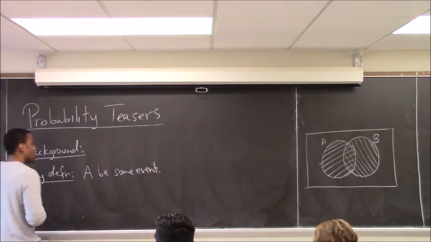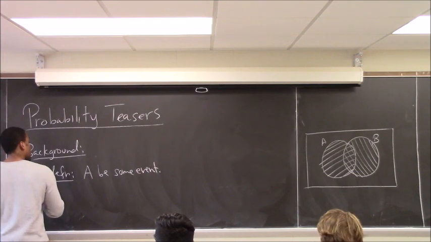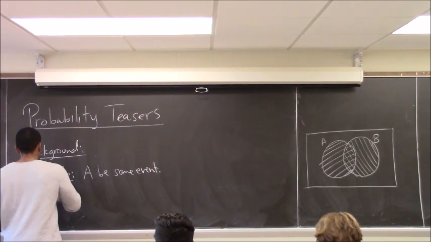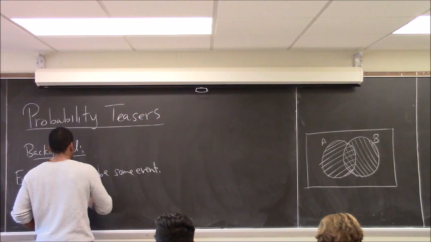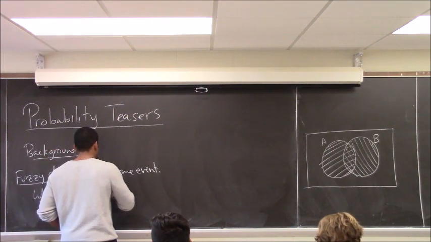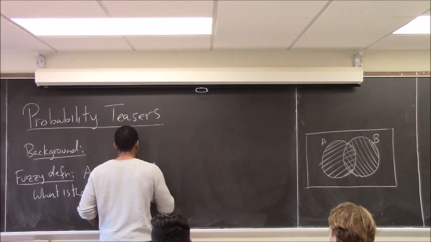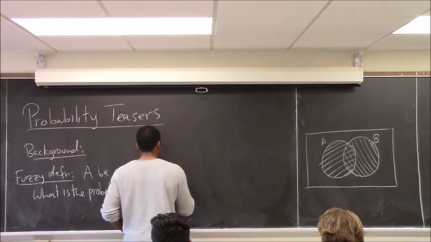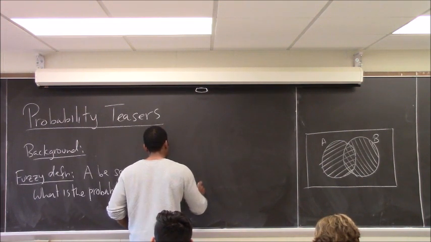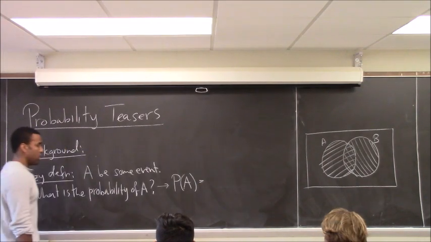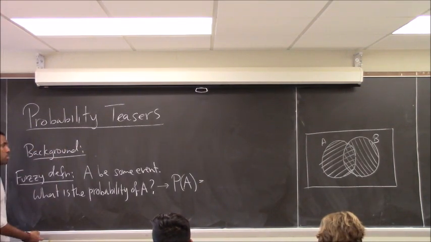Something that's going to occur. What is the probability of A? And we denote this by P of A. The probability of A. It's not the fancy P like for power set.